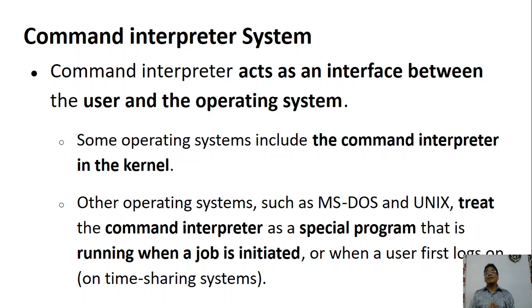So there must be an interface. Interface is something that your program or you use to interact with the operating system. When you look at the operating system, it generally has something called a command interface or command interpreter. So whichever command that you give, it interprets and then takes the action.